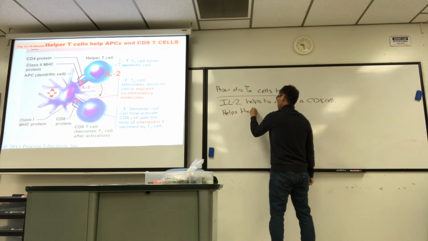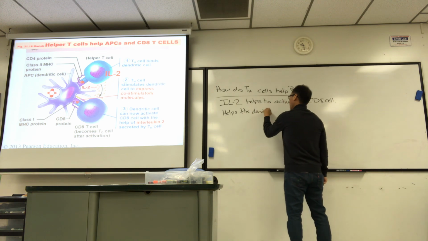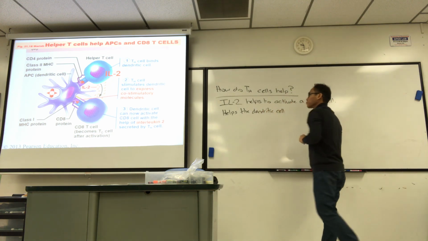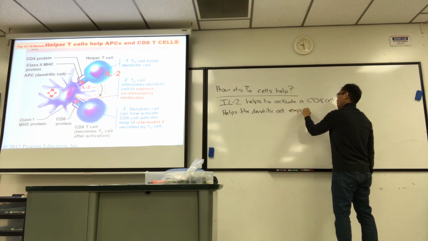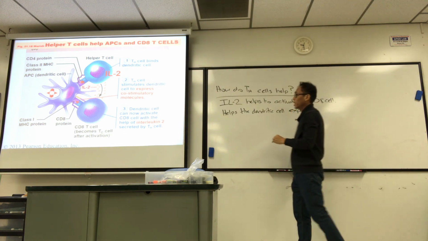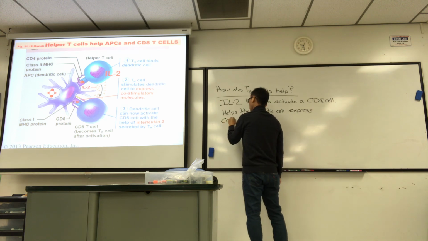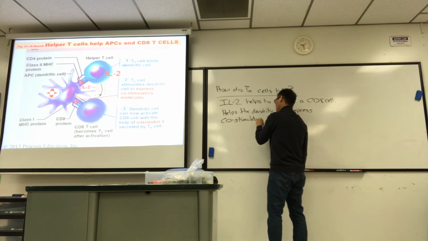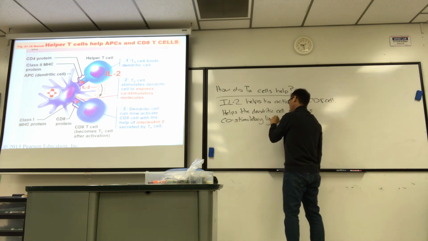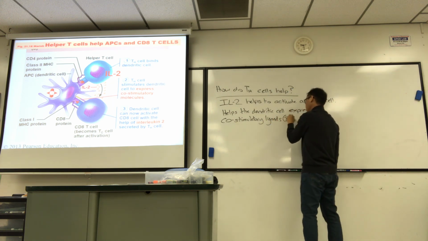It helps the dendritic cell express co-stimulatory ligands. And I mentioned B7.